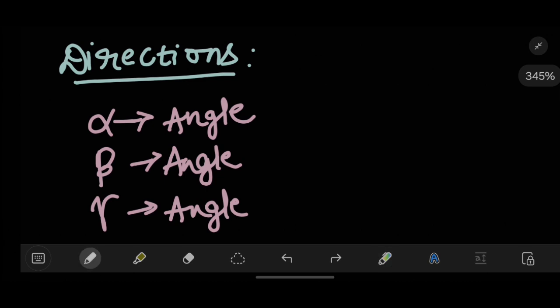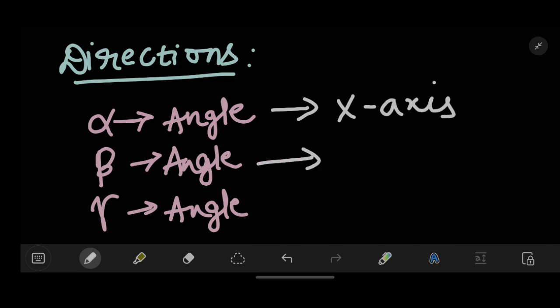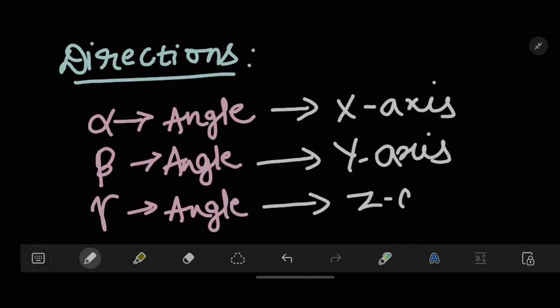I'll write it here. So what is alpha? Angle made by the A vector with which axis? X-axis. Beta is the angle made by the A vector with the y-axis, and gamma is the angle made by the A vector with the z-axis. Okay, these are three things.